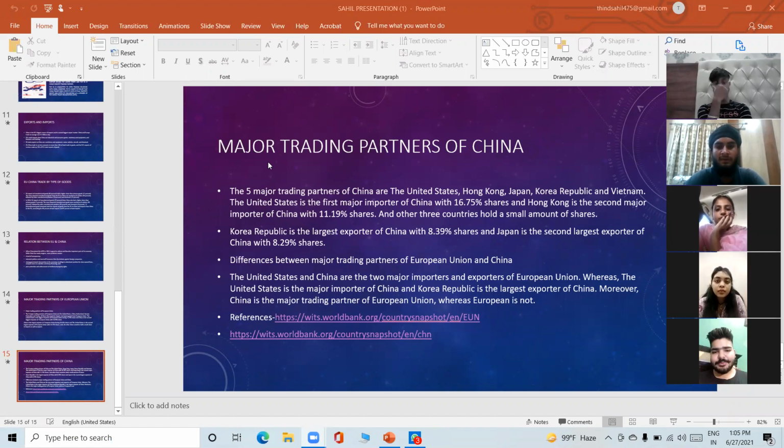Korea Republic is the largest exporter of China with 8.39% shares, and Japan is the second largest exporter of China with 8.29% shares.